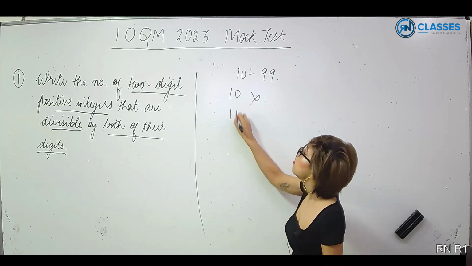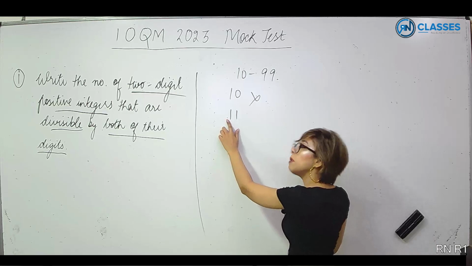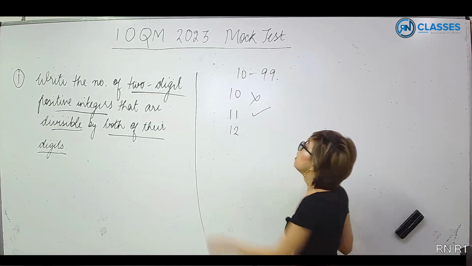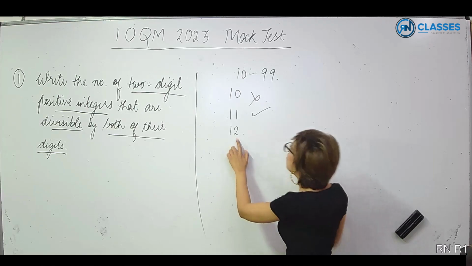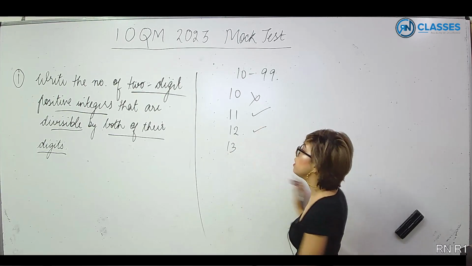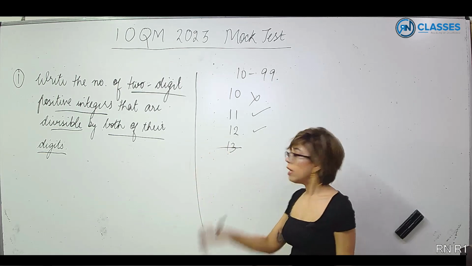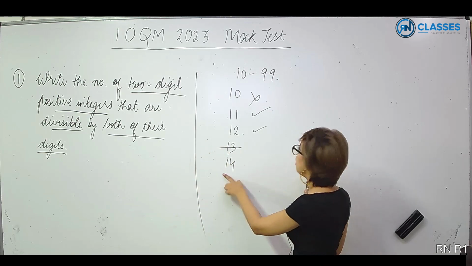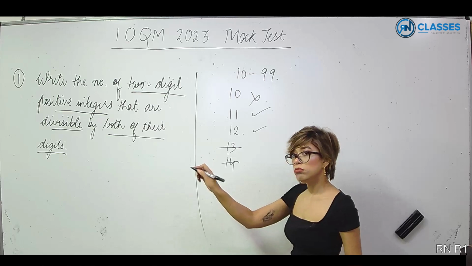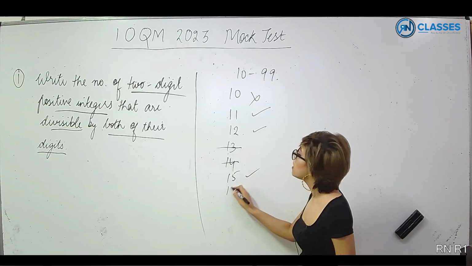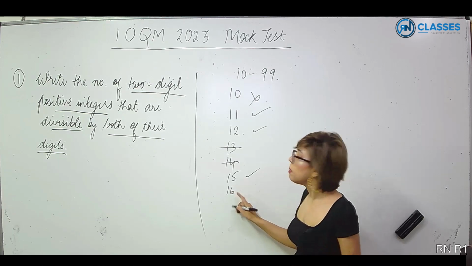Next let me consider 11. Now 11 is divisible by 1, divisible by 1, so yes. Then let's take 12. Divisible by 1, divisible by 2, yes. 13, divisible by 1, not divisible by 3, no. Then 14, divisible by 1, not divisible by 4, so no. Then 15, divisible by 1, 5, yes. 16, no, because not divisible by 6.